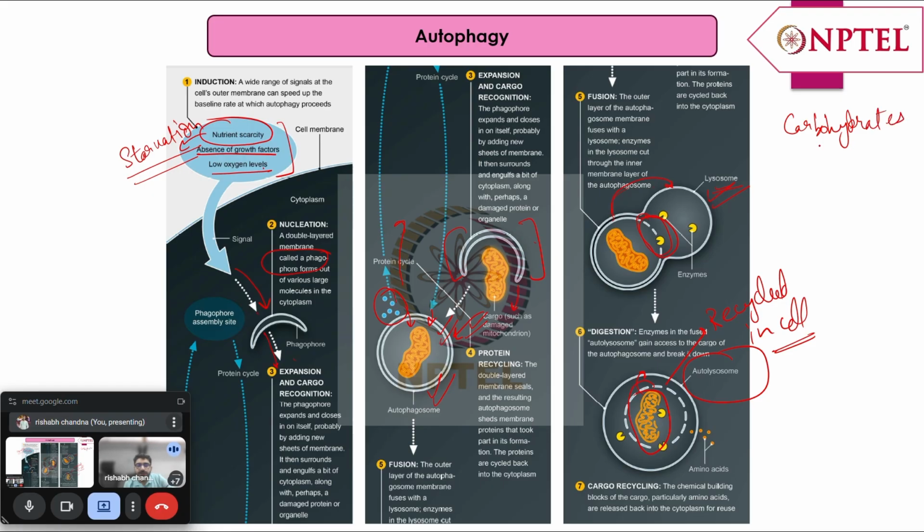So when we go for starvation, the body looks for nutrients in the stored forms. First the carbohydrates are degraded, then come proteins, and then come lipids. Once these lipid molecules start degrading, they lead to the formation of ketone bodies.